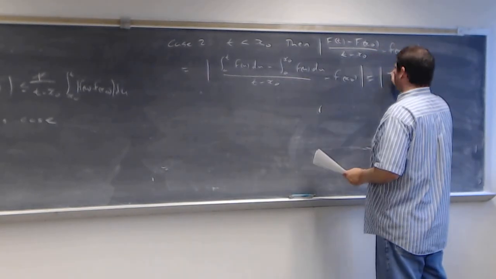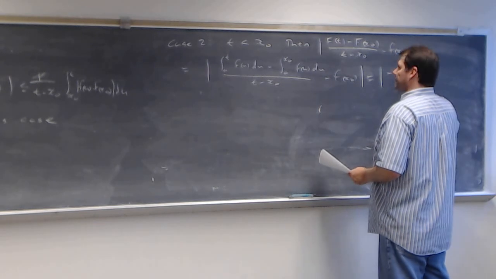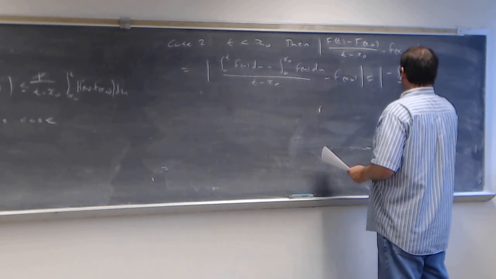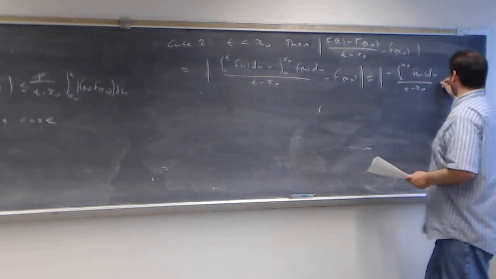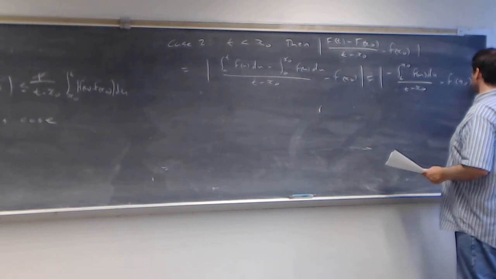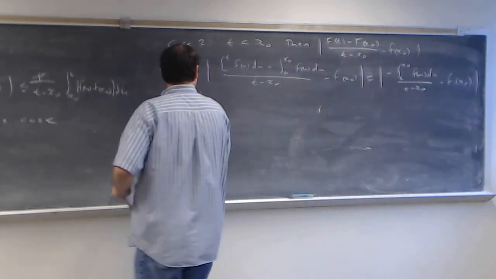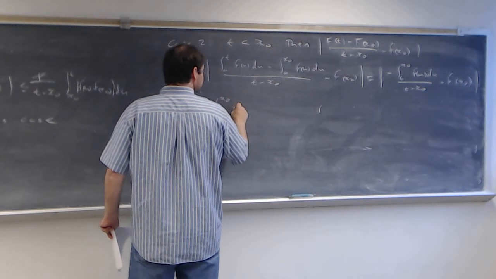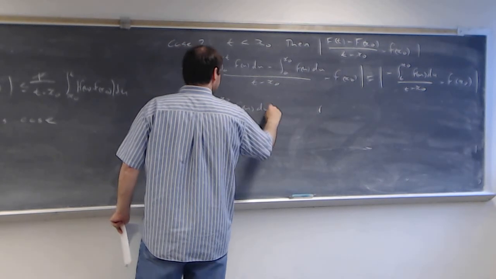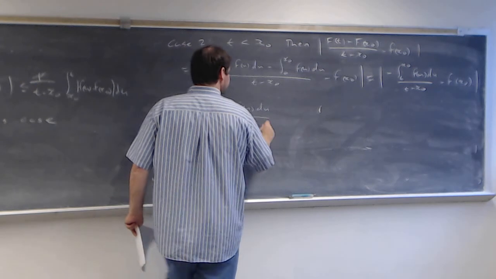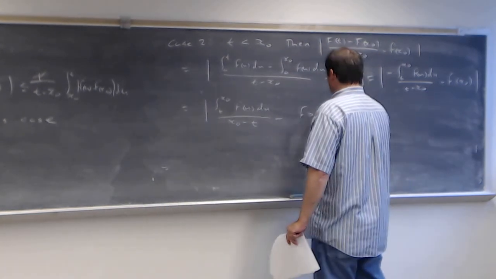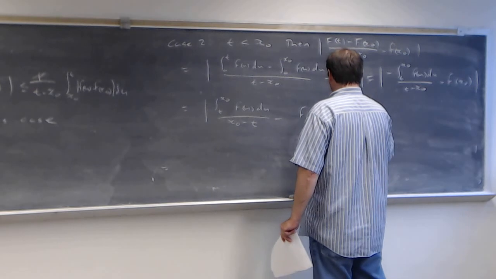Well, this difference this time is going to be a minus the integral from t to x naught, as I've written it, of f of u du all over t minus x naught. And here I'll say minus little f of x naught. Let's apply that minus to what's below. And so this becomes the absolute value of the integral from t to x naught of f of u du over x naught minus t, and getting the common denominator, of course, minus little f of x naught times x naught minus t.